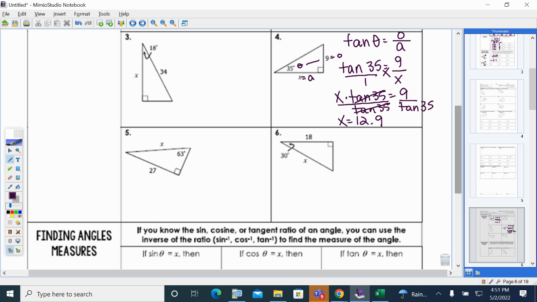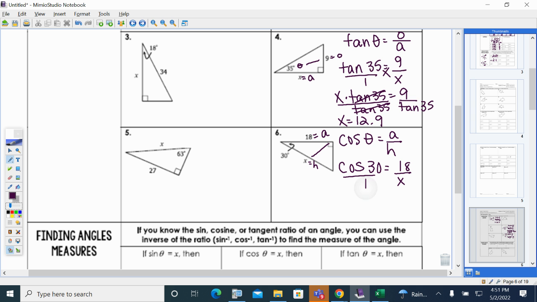From that 30, we've got the adjacent side, which is 18, and x is your hypotenuse. Adjacent and hypotenuse is going to be cosine. So cosine of theta is adjacent over hypotenuse. Again, plugging in the pieces that you know, cosine of 30 is equal to 18 over x.